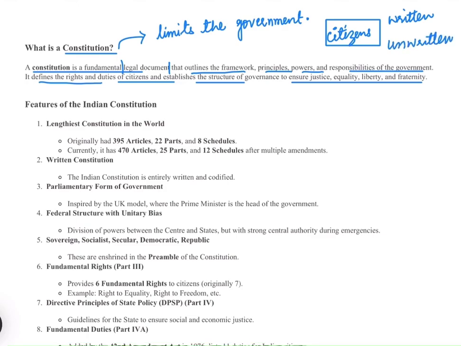The basic aim and philosophy of democracy is for the people, by the people, and of the people. That is the reason the constitution is solely directed towards the welfare of citizens, and on this very principle, it has limited the government. So it limits the government in favor of the citizens and the people of the country.